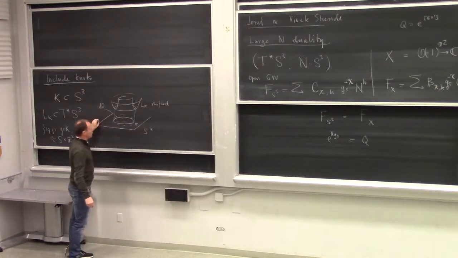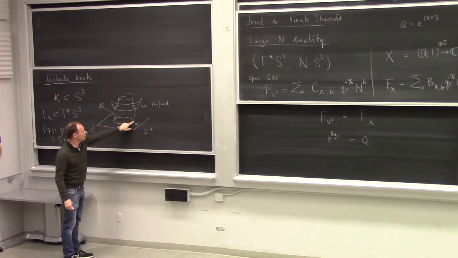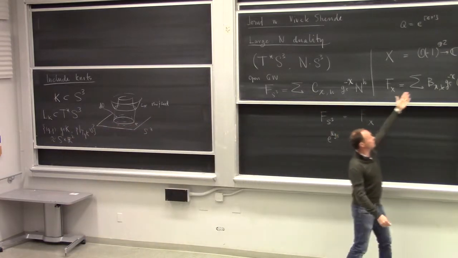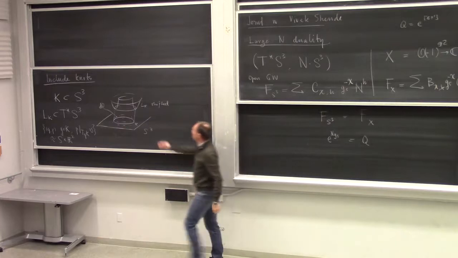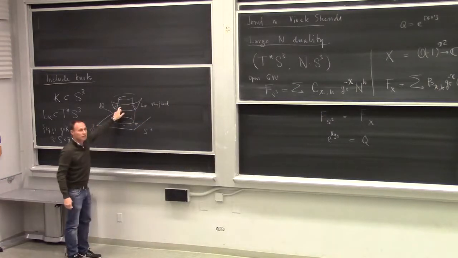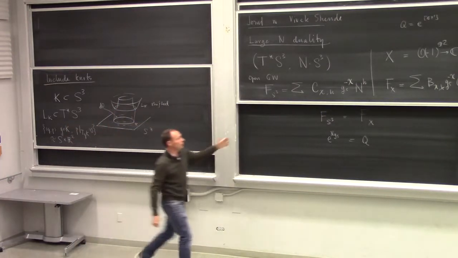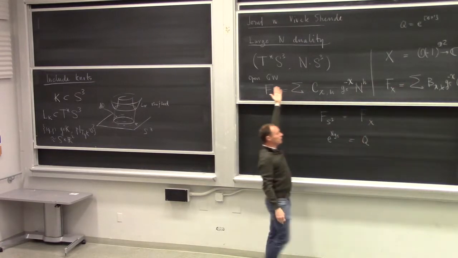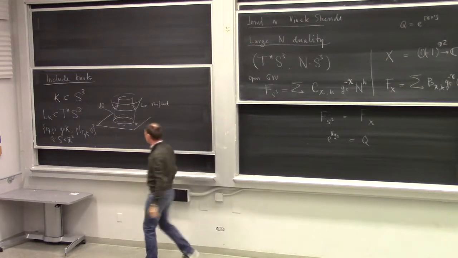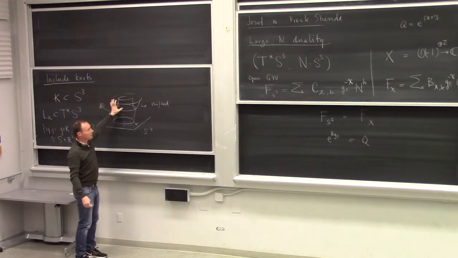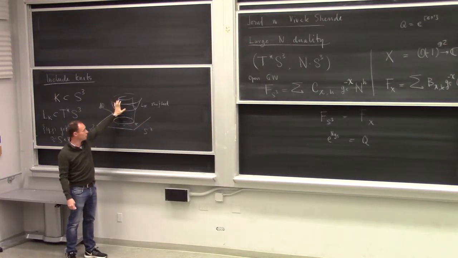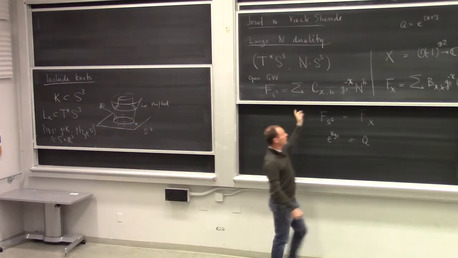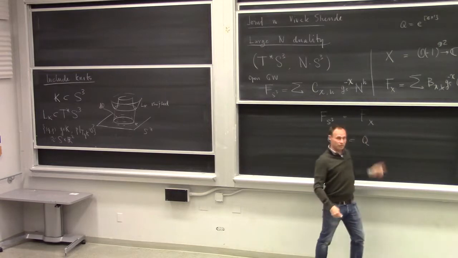You take n copies of the zero section where you allow this boundary to land, and corresponding curves inside the resolved conifold. This one does not intersect the zero section, and outside a small neighborhood, at infinity, the two spaces look the same, or asymptotically the same. So we can think of the Lagrangian conormal as sitting inside X, and counting, we have the same type of relation between the partition functions.